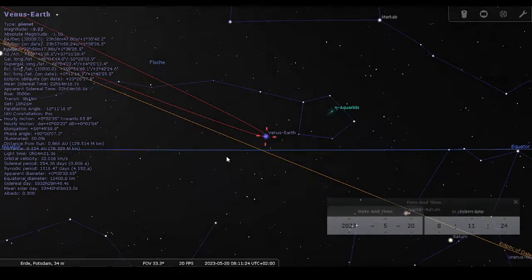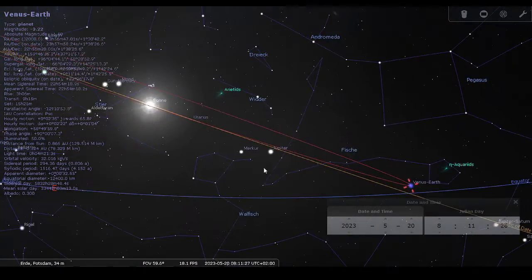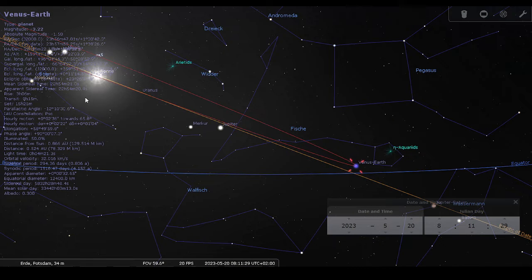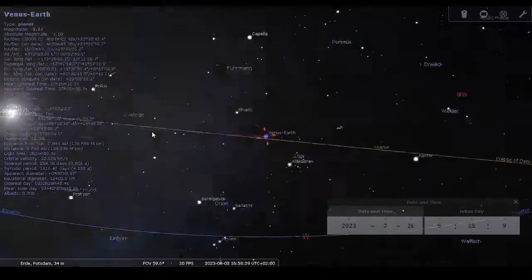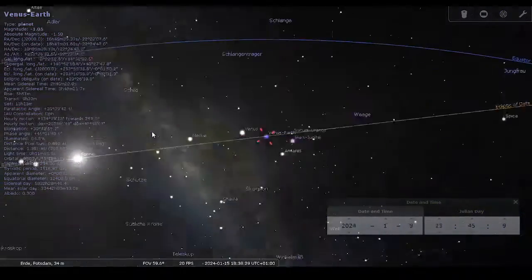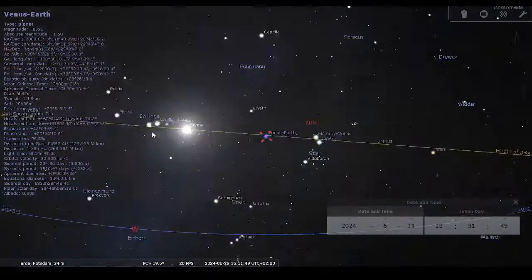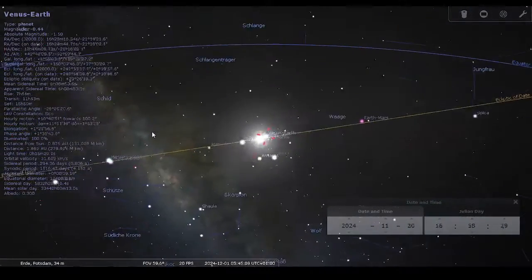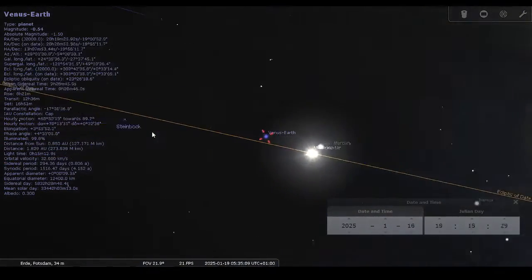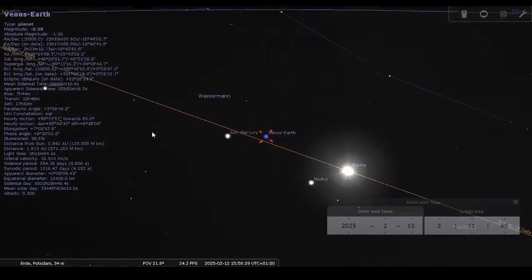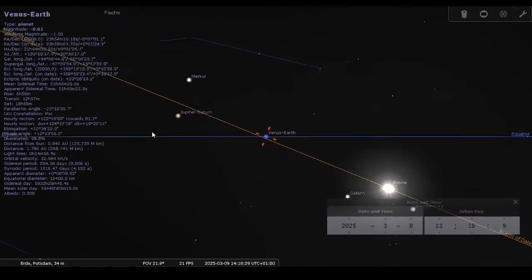So rather far away, if you're looking at the Sun and Venus-Earth, it takes lots of time to get back to the Sun. If you're looking here, it's slightly faster moving than the Sun. In comparison, you will see Sun-Mercury is a lot faster.